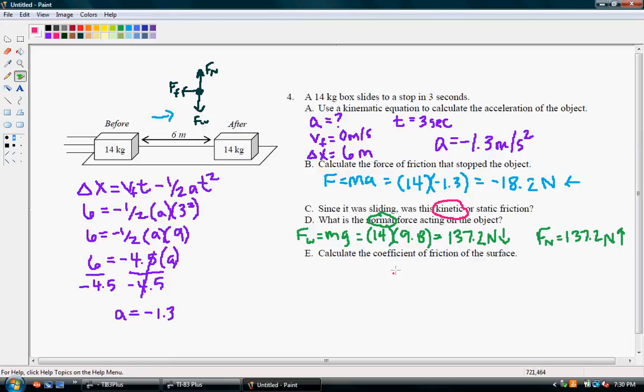And now it says calculate the coefficient of friction of the surface. Alright, well we know that the formula for kinetic friction is mu k, or the kinetic friction coefficient, times the normal force. So to solve for this coefficient, which is what it's asking us to do, we would have to divide both sides by the normal force.